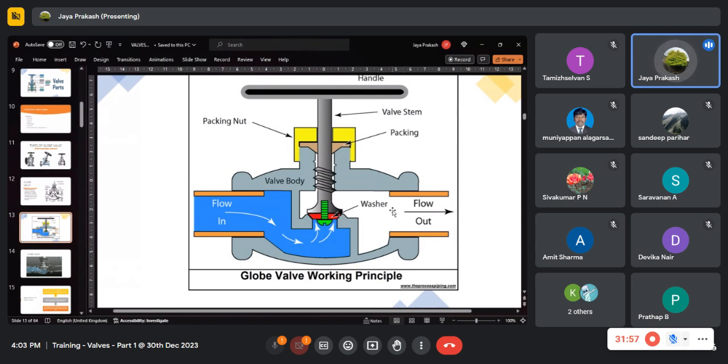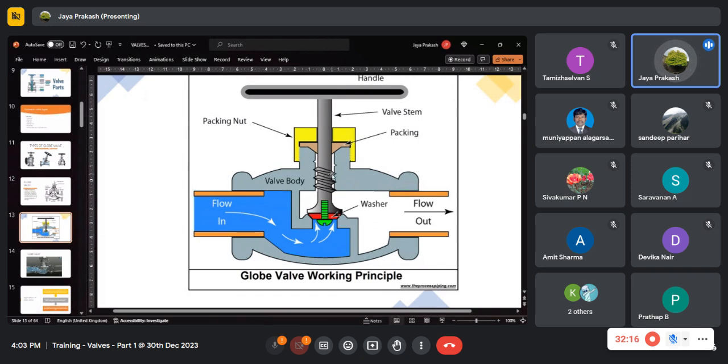And in the data sheet, how do you call this flow? What type of valve is this? Anybody come across data sheets?